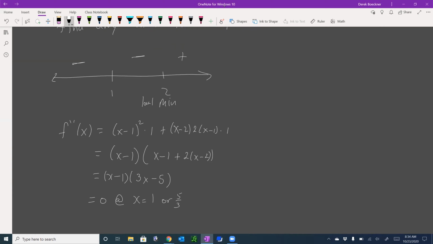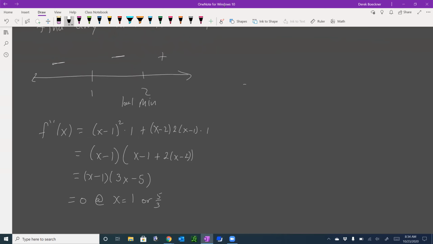So on our second derivative line, put in 1, put in 5/3. If I put in 0, I get a positive 5. So this is positive here. As I approach 1, this is the factor that switches. It only has an exponent of 1, so it will switch signs there.